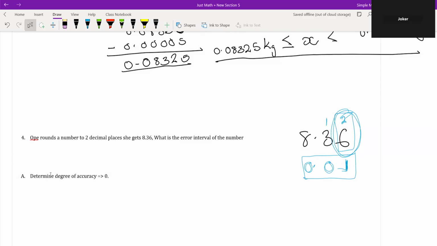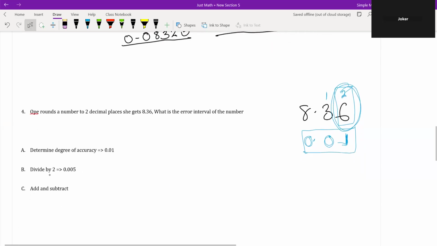Number 2, next step, we divide by 2, which is 0.01 divided by 2, that's going to be 0.005, and then same thing, add and subtract to get our limits. So we have 8 point. Let me use a black pen.